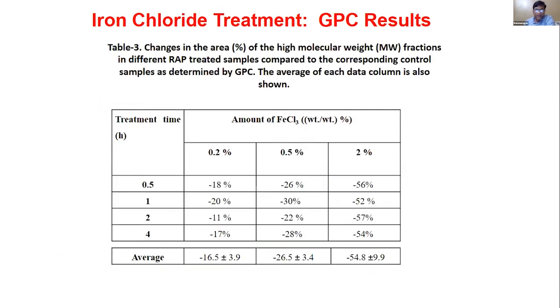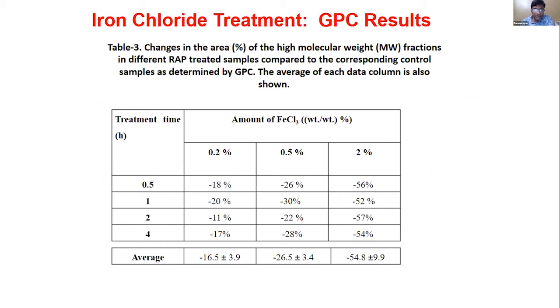So summarizing all the results I showed in the four graphs, what we can see is that time is not very important. 30 minutes gives almost the same result as 4 hours, but the percentage of iron chloride makes a big difference. The GPC as well as the IR results show this.